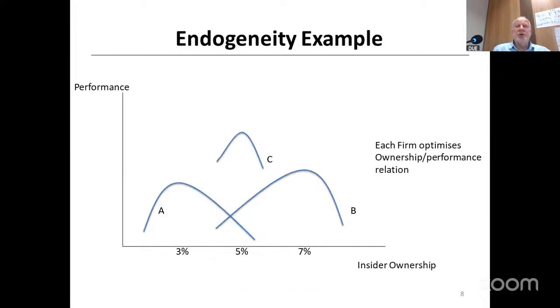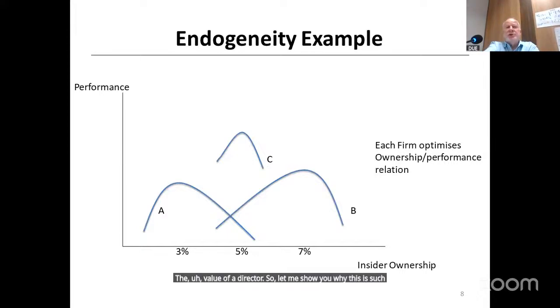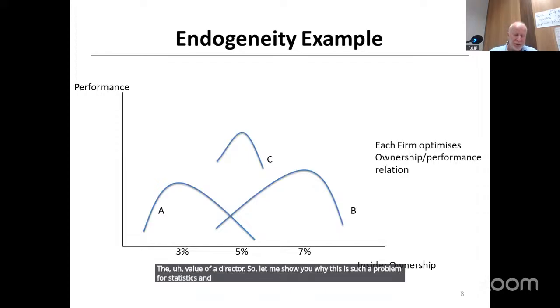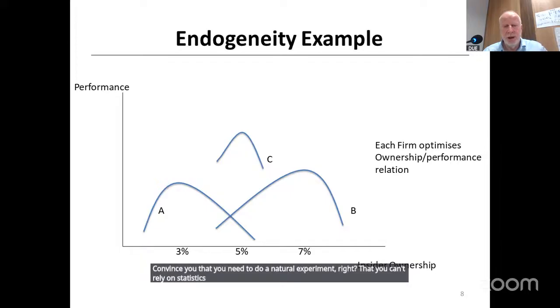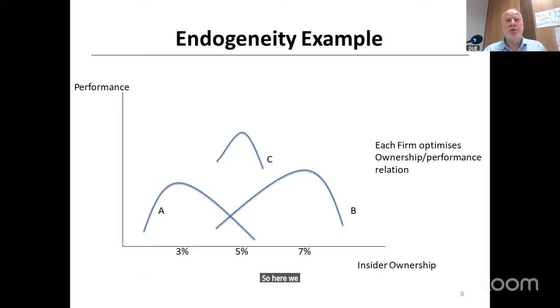So let me show you why this is such a problem for statistics and econometrics. It should convince you that you need to do a natural experiment, that you can't rely on statistics or econometrics. So here we have a trade-off for each firm. There's a frontier between inside ownership and performance.